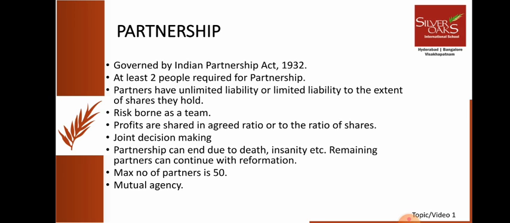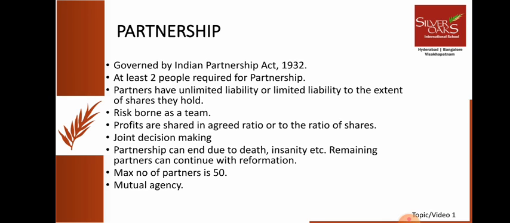Sometimes the ratio will be calculated on the basis of the inputs, or the resources given up by the partners for the firm, or it can be any ratio that is pre-agreed by the partners, or sometimes it'll be divided equally amongst all the partners. So these are the three cases: on the basis of their inputs, on the basis of the ratio they have already agreed upon, or equal division of profits.